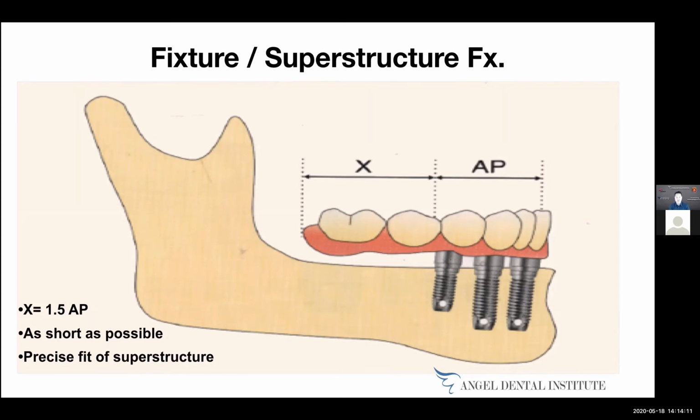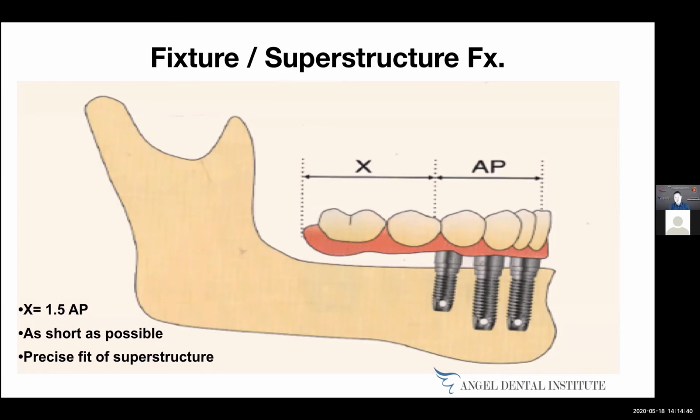So if you look at the fixture superstructure, where you hear this AP distance and the X, the X is the distal extension. How far back can you go cantilevering off an implant? AP stands for anterior-posterior distance. Studies have shown that you could go 1.5 times the AP distance.